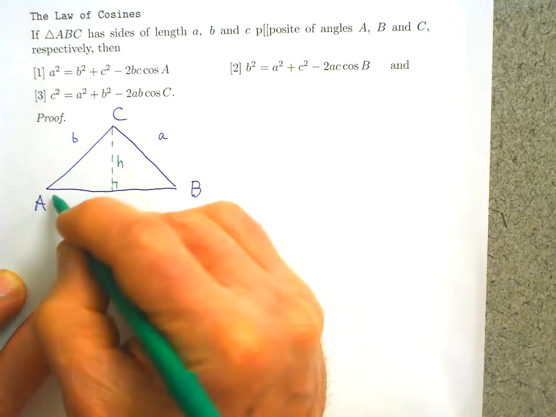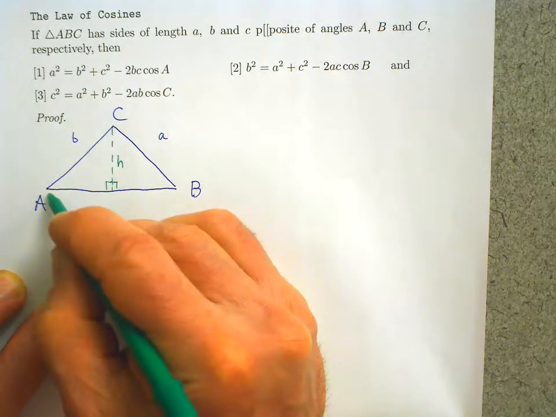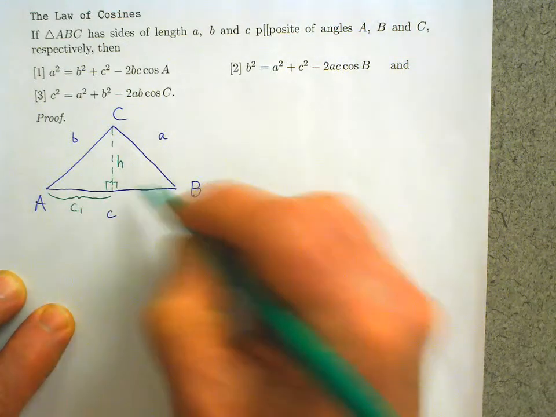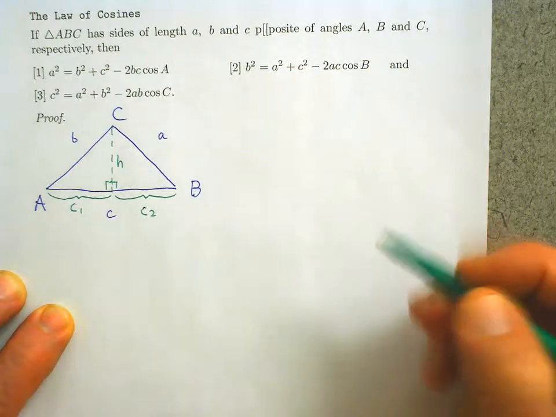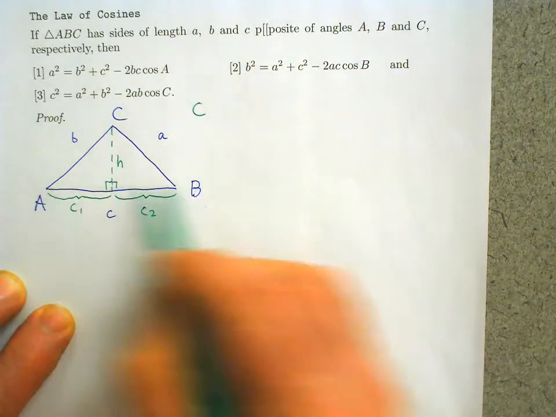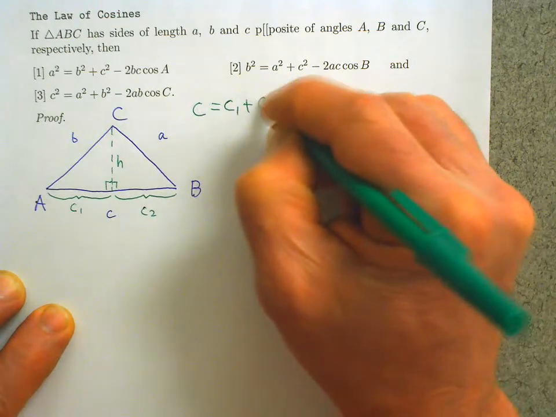And for the right triangle on the left, let's label this c1 and this c2, so that the entire length of that bottom side c is equal to c1 plus c2.